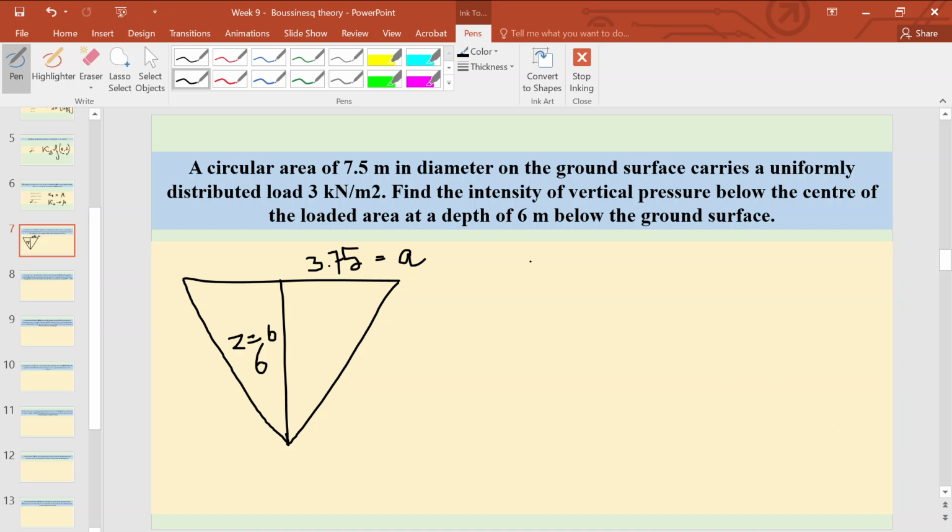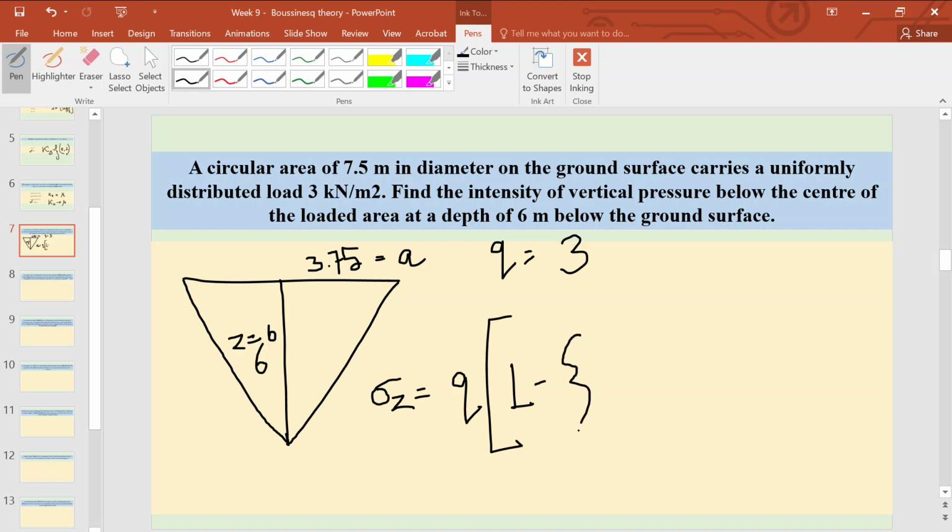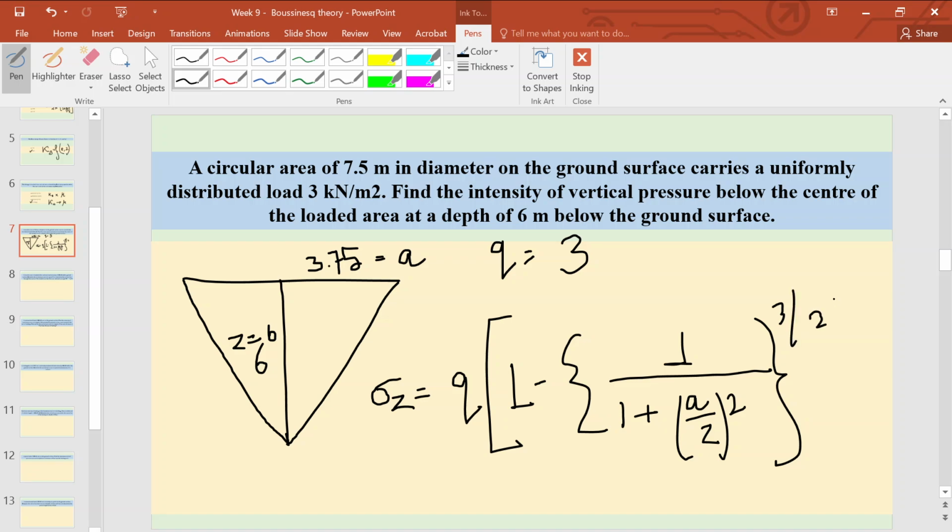The UDL q equals 3. The formula for vertical stress is sigma z equals q times [1 minus 1 divided by (1 plus (a by z) whole squared), the part in the second bracket, whole to the power 3 by 2].